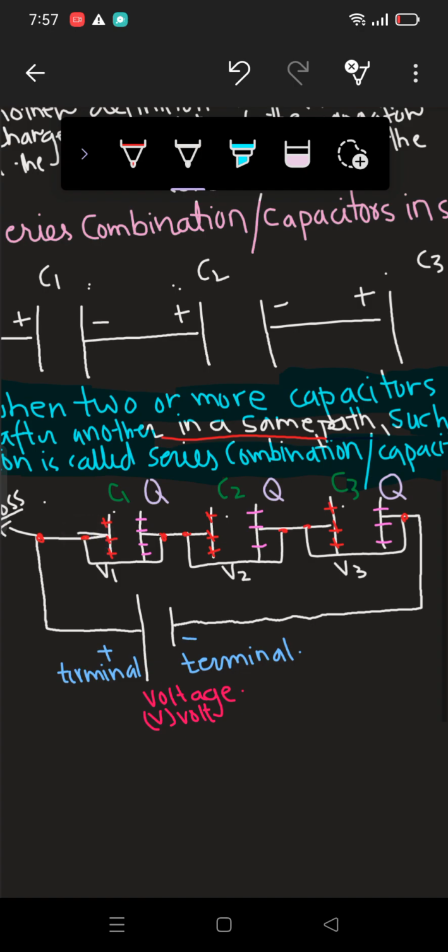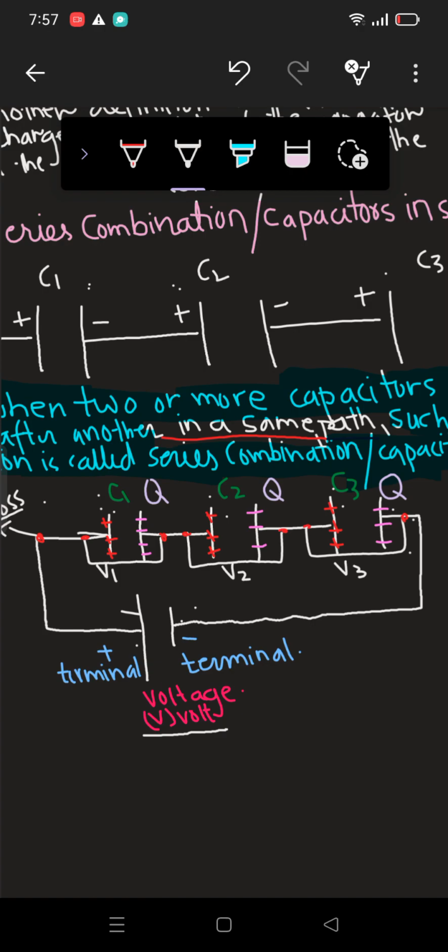This is connected with the positive terminal of the battery and this is connected with the negative terminal, with a potential difference of V volt provided. The positive plate of the capacitor is connected with the positive terminal of the battery, and the negative plate of the capacitor is connected with the negative terminal of the battery.